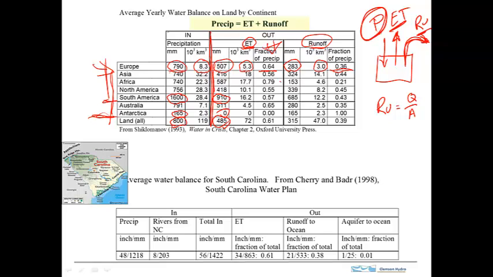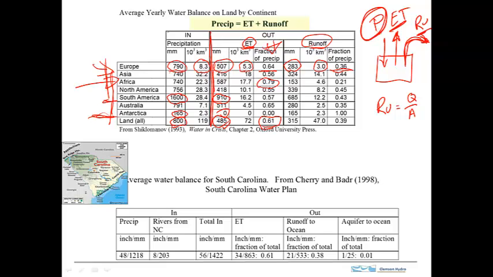But we get a bit of a different result if we look at how the ET is done on a fractional basis. That's the worldwide average, that about 60% of the precipitation is removed as evapotranspiration. And if we look at how that's distributed worldwide, here is the anomaly, Africa.